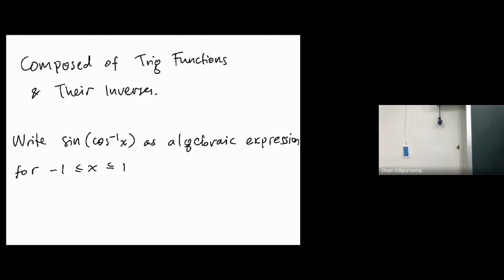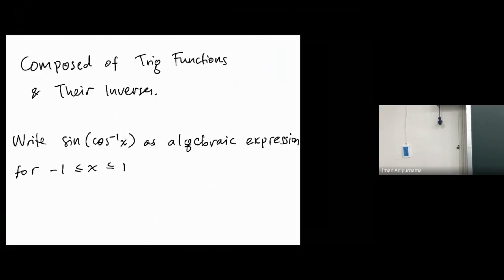So can you write this sine cos inverse x? But first, inverse of trigonometry, what does that mean? Cos inverse x. What's the point of this? Remember, inverse is a switching between domain and range.